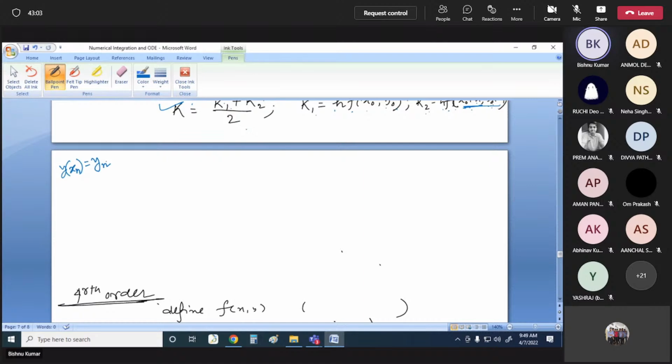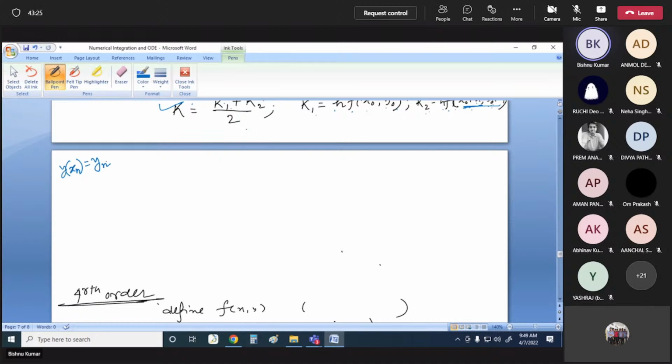That is my question. With x0, y0 given, and dy by dx, a several variable function f of x, y, also given. This is my question. Now a loop for the second order Runge-Kutta method I am writing.